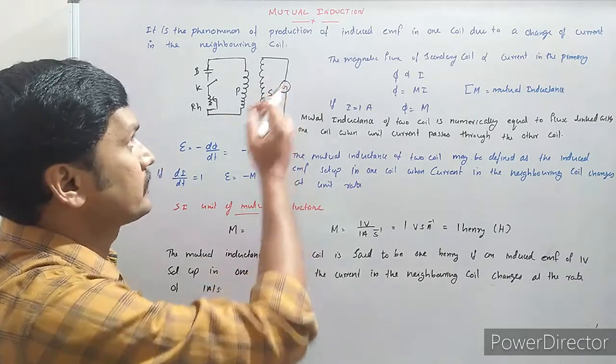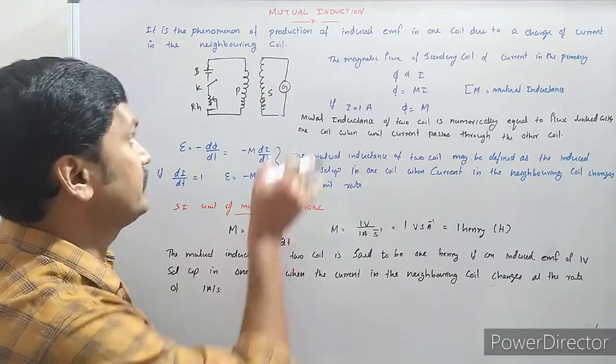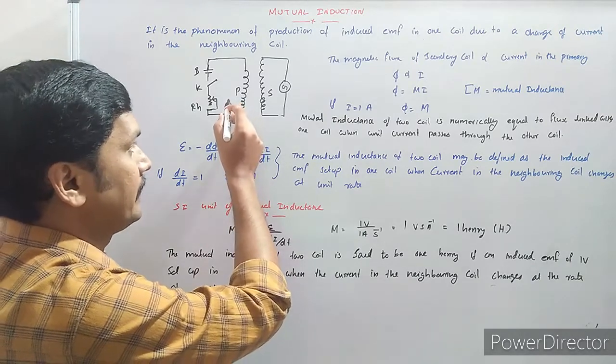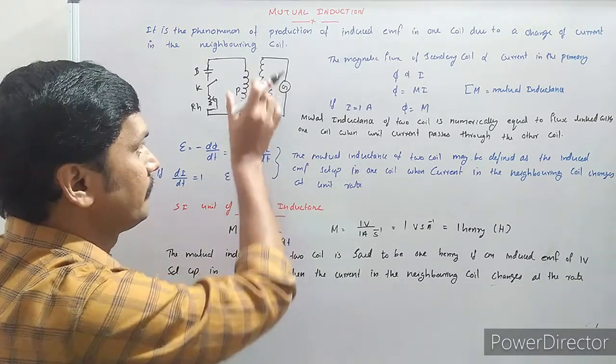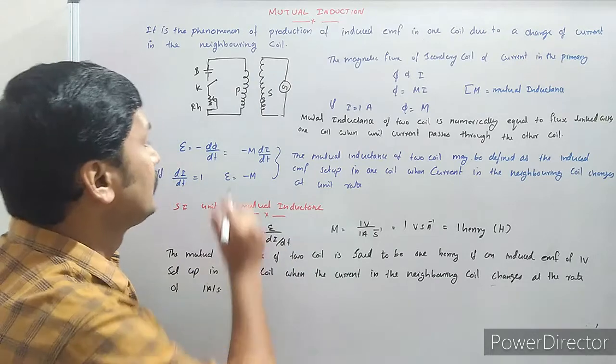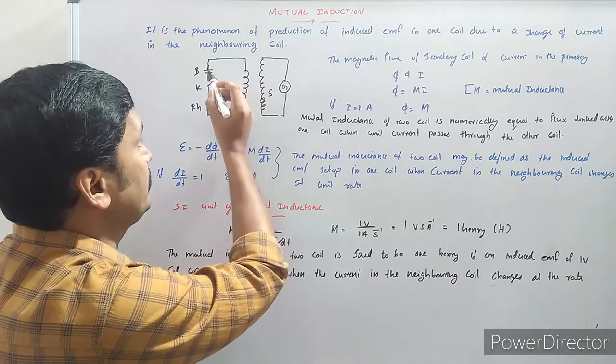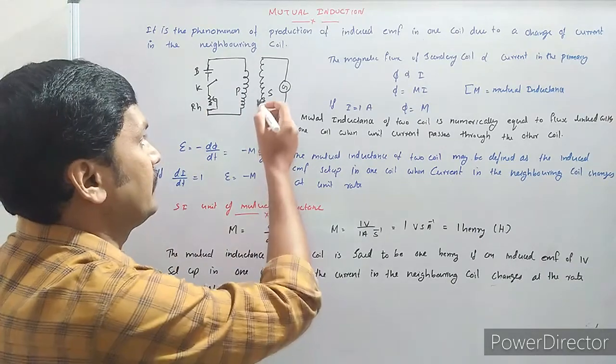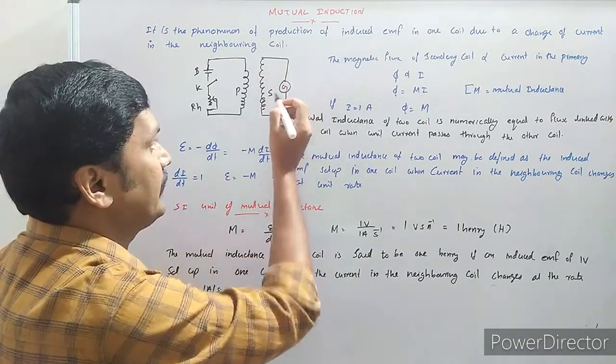To understand this concept of mutual induction, let us see an arrangement. Here we have two coils, a primary coil and a secondary coil, which are placed very close to each other. The primary coil is connected in series with a battery, a tap key and a rheostat. And in the secondary coil, we connect a galvanometer.